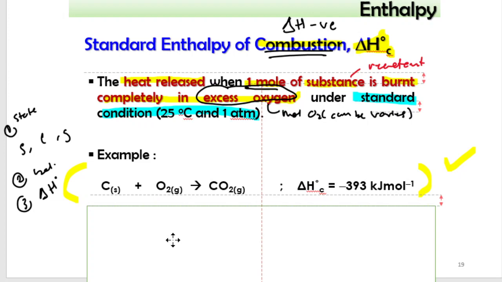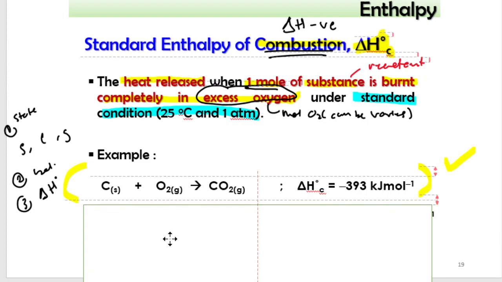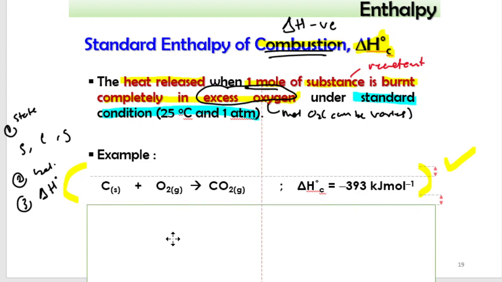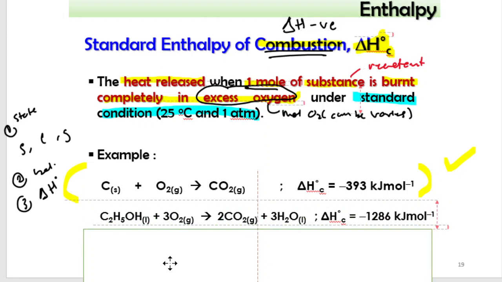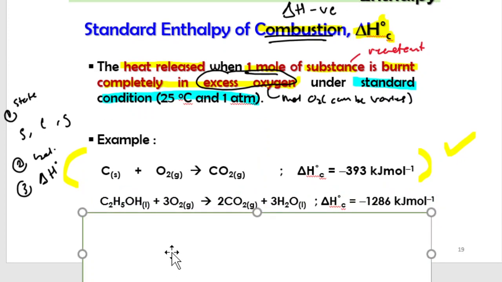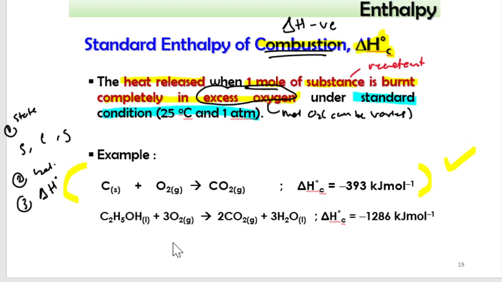Right, so let's say you want to write the thermochemical equation for the next one, C2H5OH. Okay, so for this one, as I mentioned before, 1 mole of your compound that you burn, that is the 1 mole.